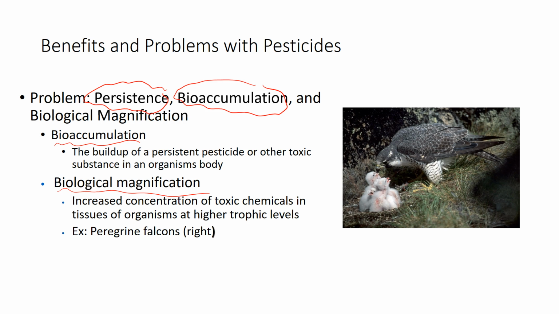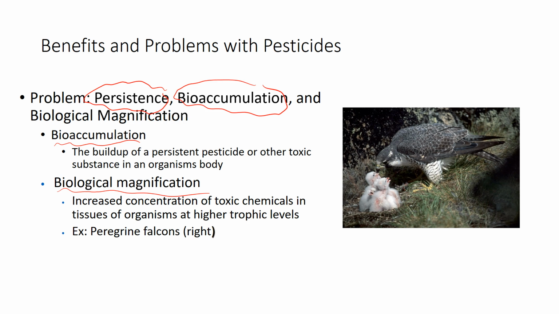And they are related, but not exactly the same thing. So there are certain compounds that nature is not good at breaking down. Lead and mercury are actually natural compounds that both bioaccumulate and magnify, okay? But many of our pesticides are persistent. And in their persistence, nature doesn't do a good job of breaking them down into simpler materials. So they're persistent in nature.